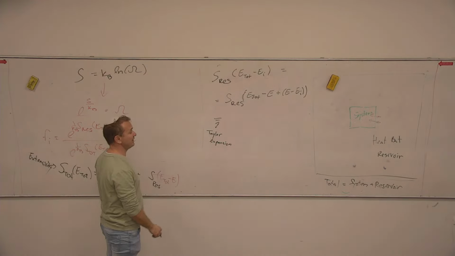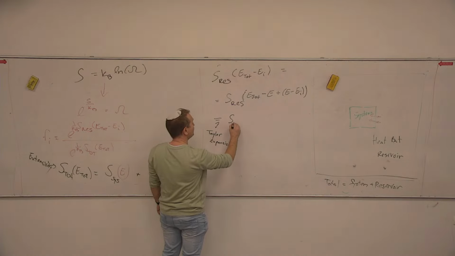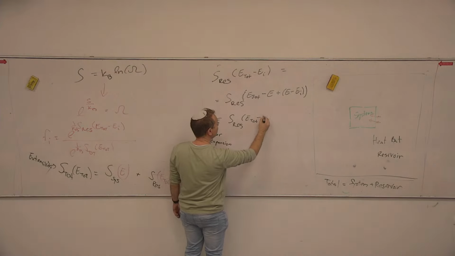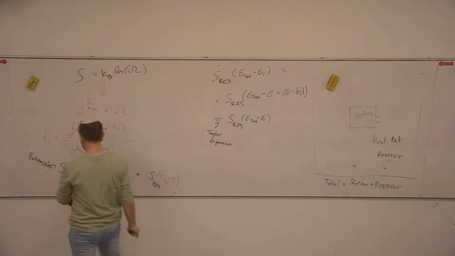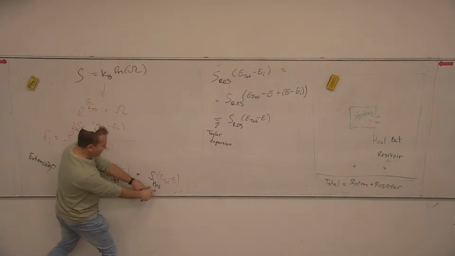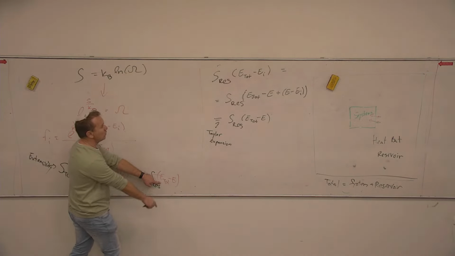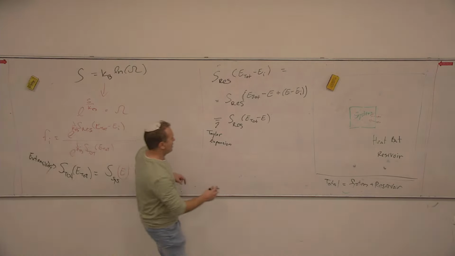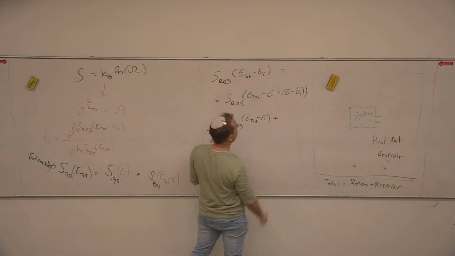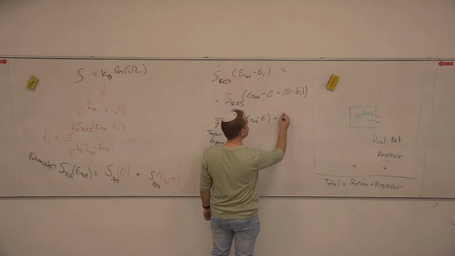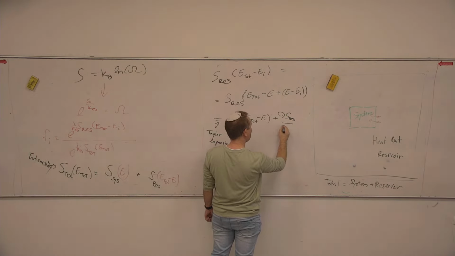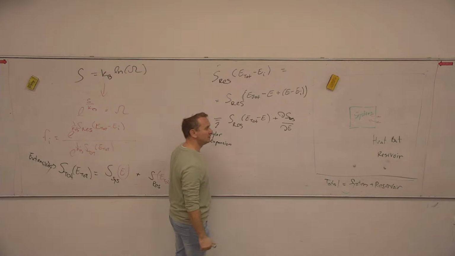So what happens in my Taylor expansion? The first term is S reservoir of E total minus E. Why have I done it? Because you see, here I already have S reservoir of E total minus E, so I'm getting something in the denominator and in the numerator which should cancel out. Plus dS reservoir over dE, multiplied by E minus E_i.